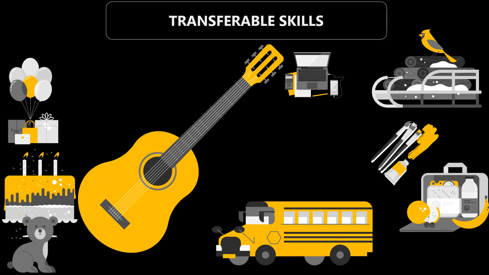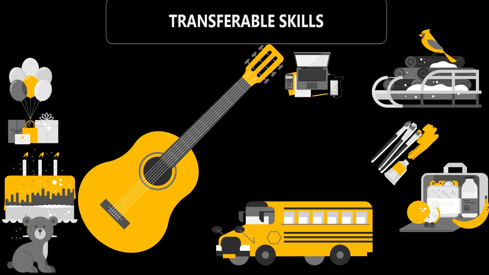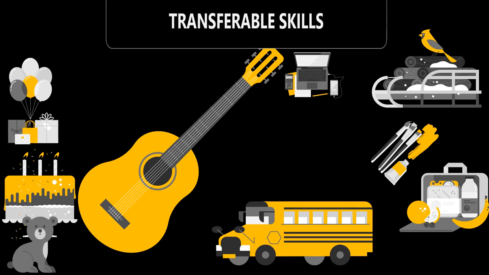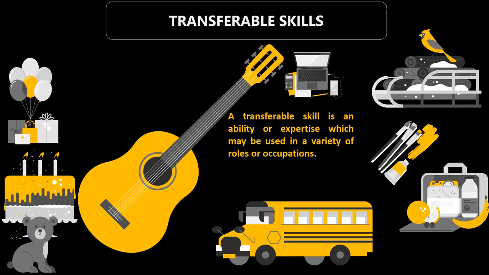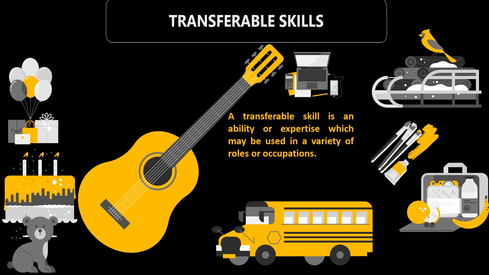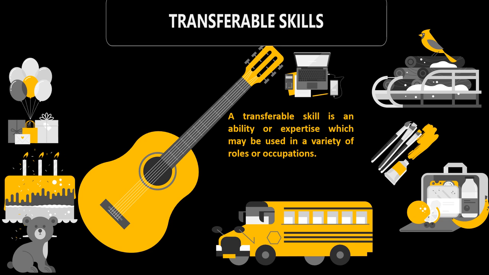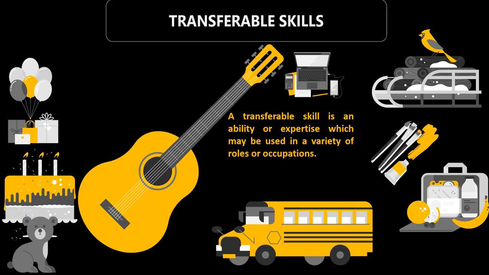Transferable skills can highlight your potential to be an asset to a company. Yet, candidates shy away from revealing their transferable skills. A transferable skill is an ability or expertise that may be used in various roles or occupations.